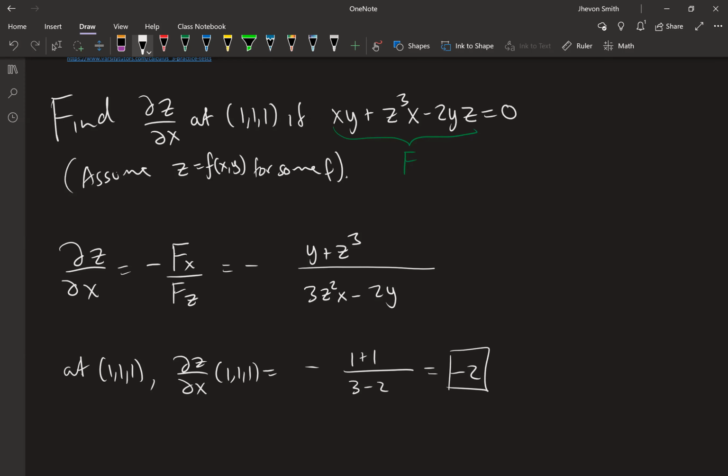Did anyone get minus 2? Okay, good. So this was actually problem 75 from inside your textbook.